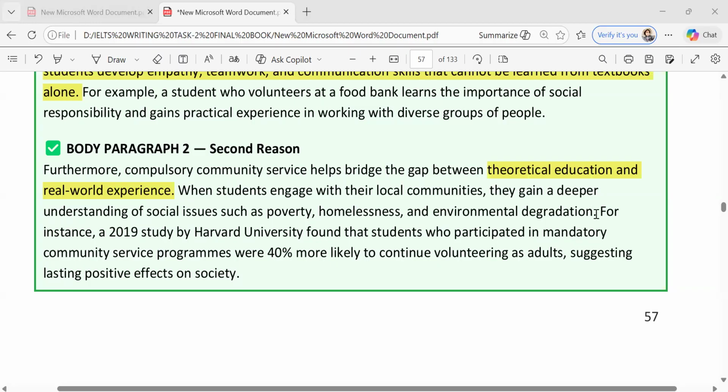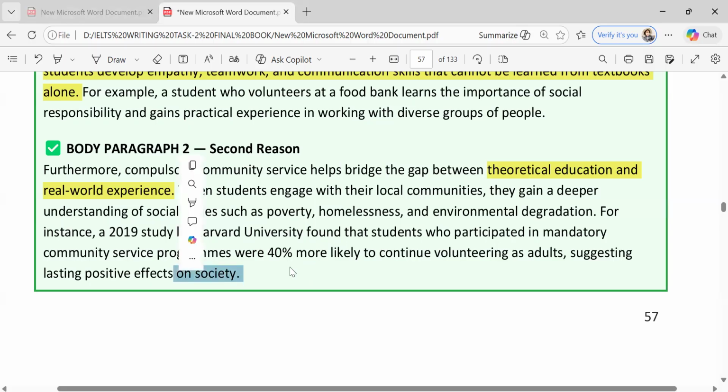This is your explanation. And the last one: for instance, a 2019 study by Harvard University found that students who participated in mandatory community service programs were 40% more likely to continue volunteering as adults, suggesting lasting, positive effects on society.